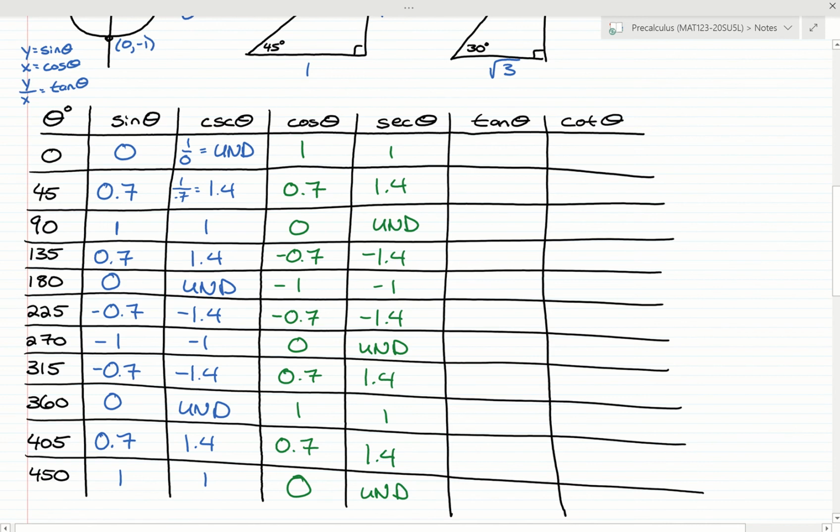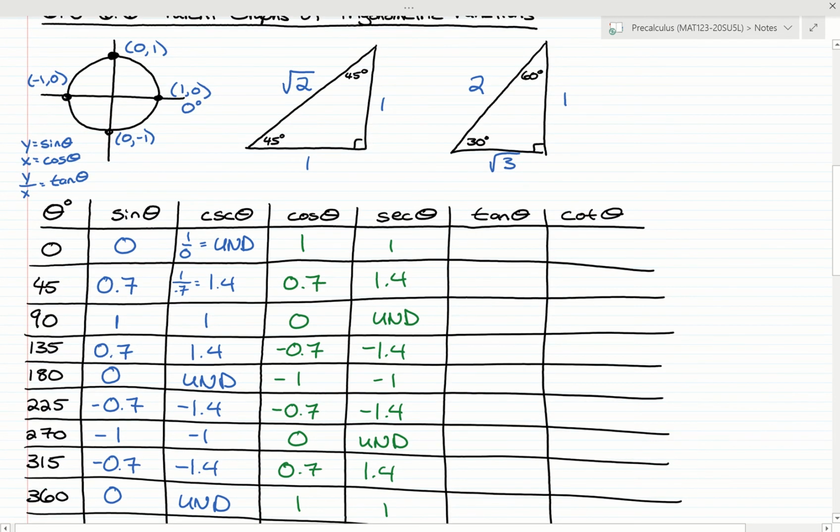Tangent of 0, well, go to 0, look at the quadrantal angle. Tangent of 0 is the y over the x value, so 0 over 1, which is 0. Tangent of 45 is 1. And tangent of 90 would be the y over the x value, which is undefined. Tangent of 135 would be -1.